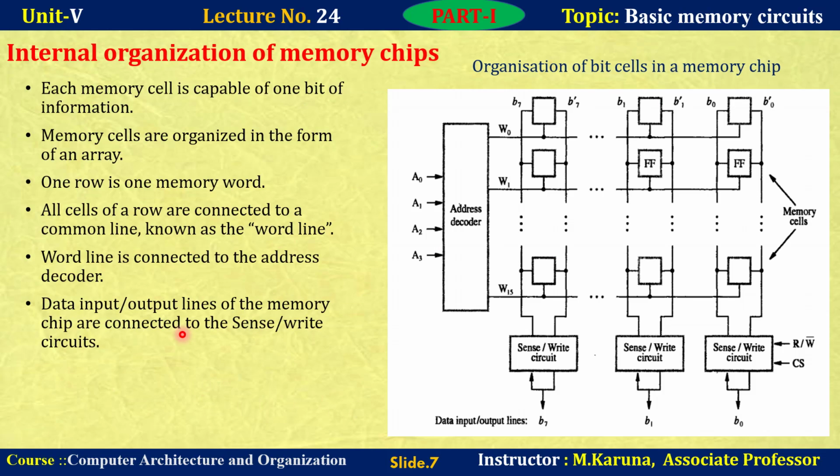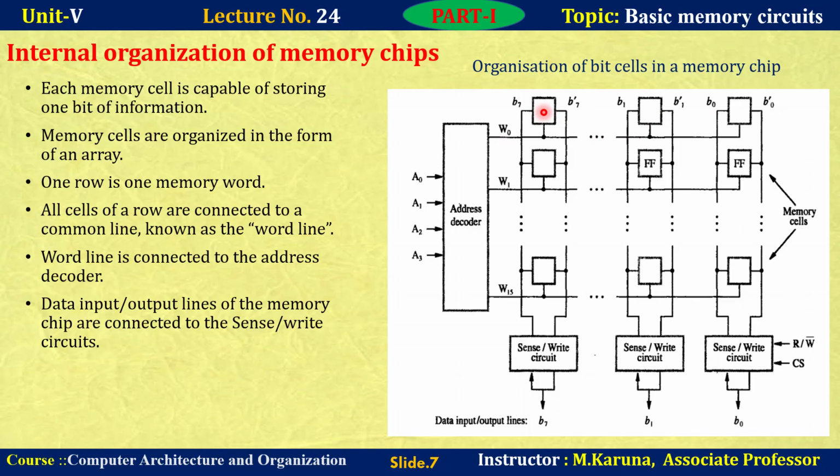Let us see the internal organization of the memory chips. Memory contains locations. Each memory location stores any number of bits. In this diagram, a memory location contains 8 bits. To store 8 bits, 8 memory cells are required.